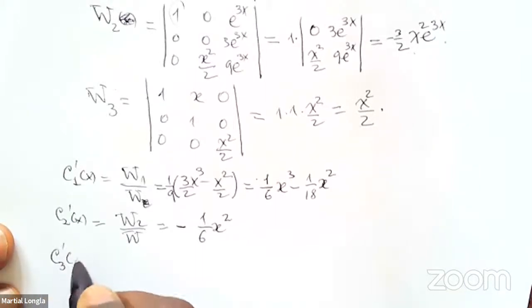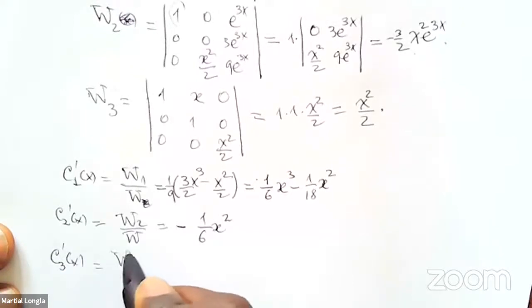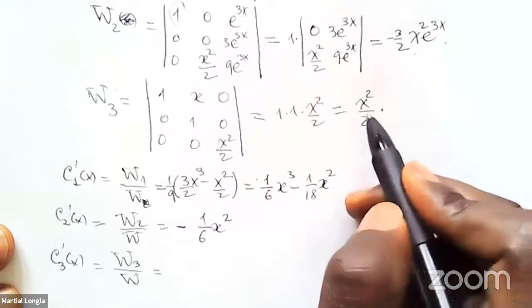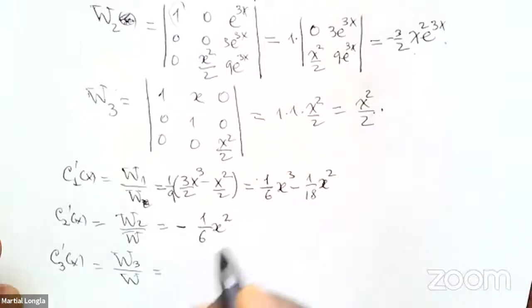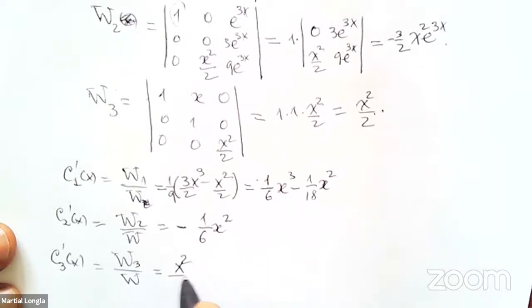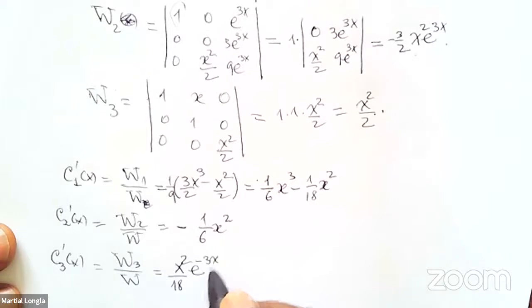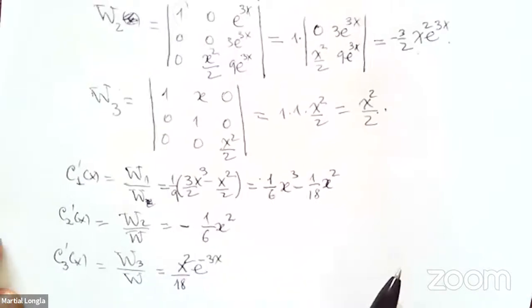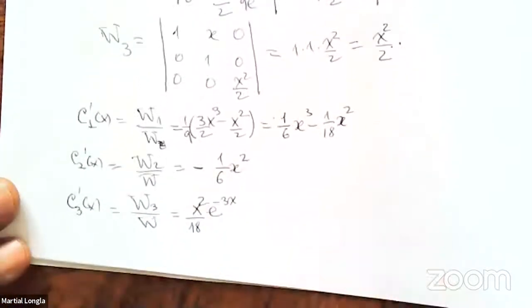C3 prime of x is w3 over w. And this is x squared over 2 divided by 9. So x squared over 18 e to the minus 3x. So these are all the derivatives.